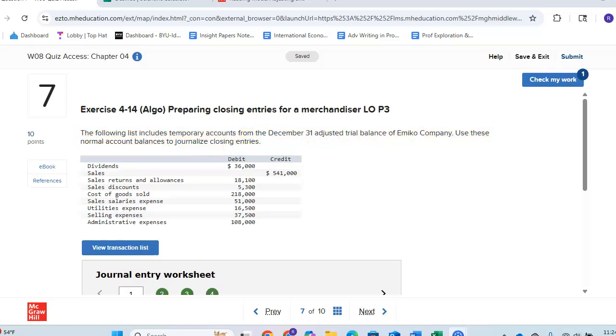And then it has the different accounts right here: dividends, sales, sales returns and allowances, sales discounts, cost of goods sold, sales salaries expense, utilities expense, selling expense, administrative expenses with the following amounts in each account. And you scroll down.